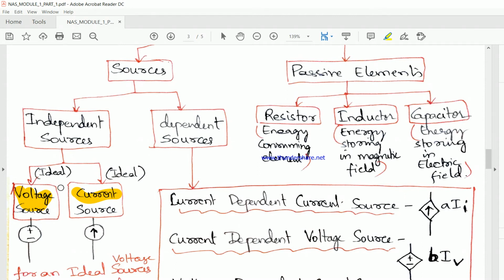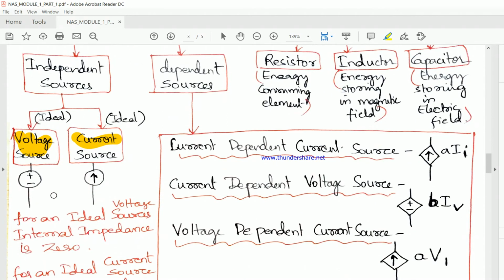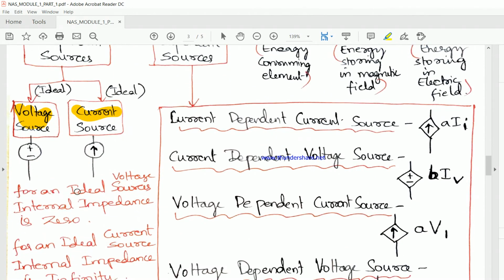When I say the voltage source is idle, for an idle voltage source the internal impedance is 0. Very, very important term which you need to learn. When the source is idle, its internal impedance is 0, so it behaves as short.